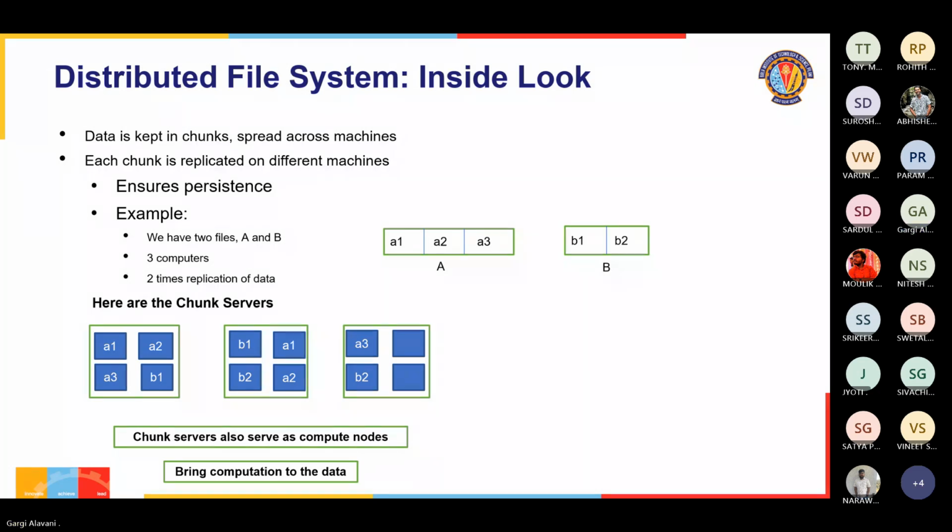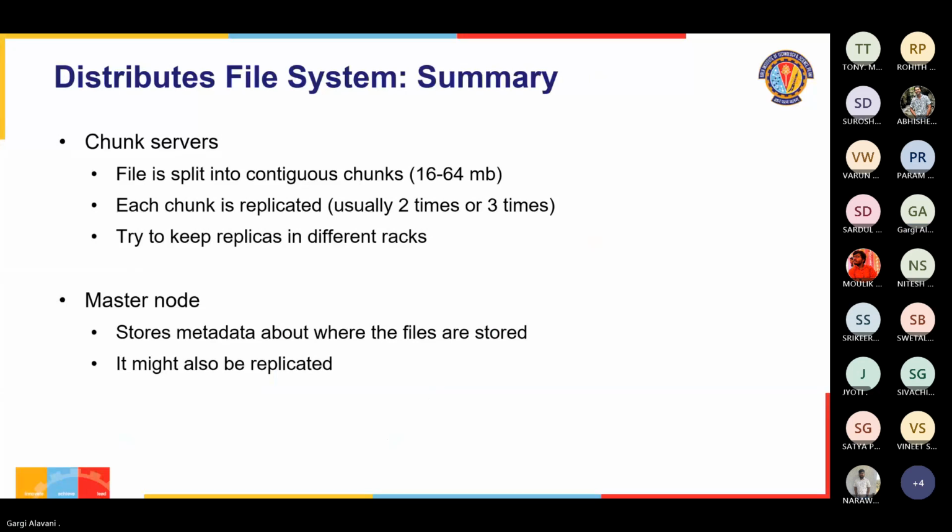Okay, so let us continue. As we discussed, we need chunk servers. The distributed file system in MapReduce looks like this: we have chunk servers where we split the files into contiguous chunks, which could be 16 to 64 MB.